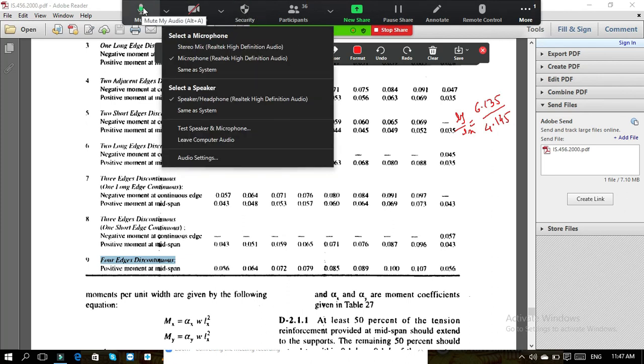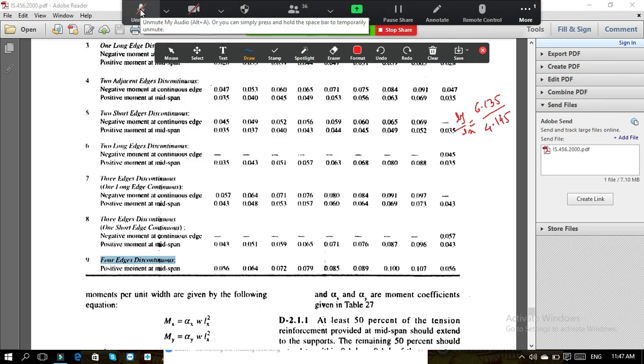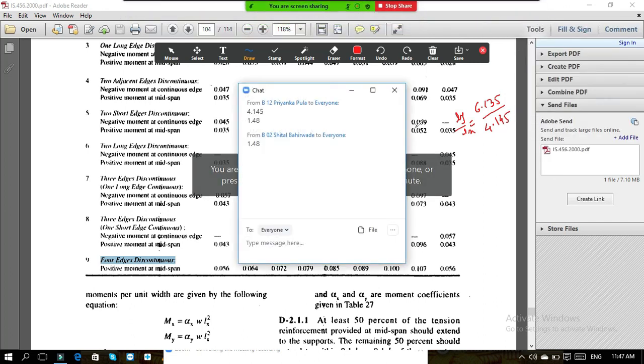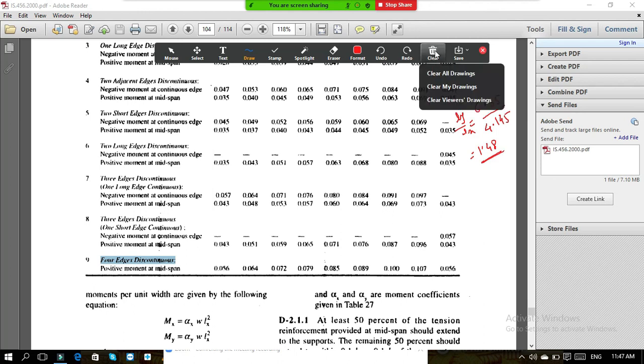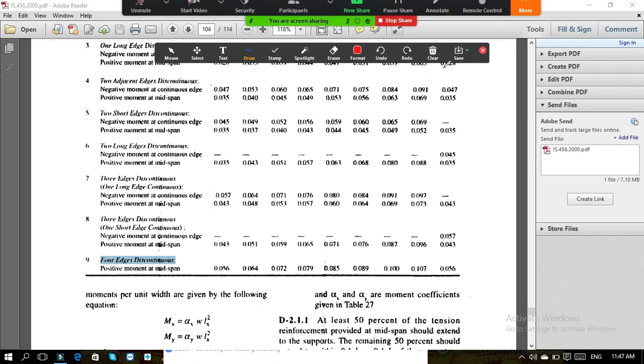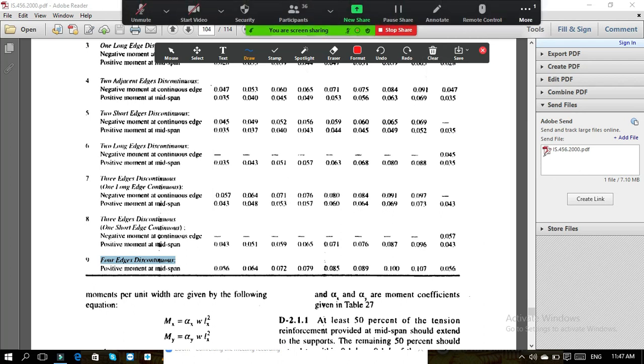Calculate this ratio. Okay, so how much is it? 1.48. So this ratio works out to be 1.48. Now see 1.48, remember this value.